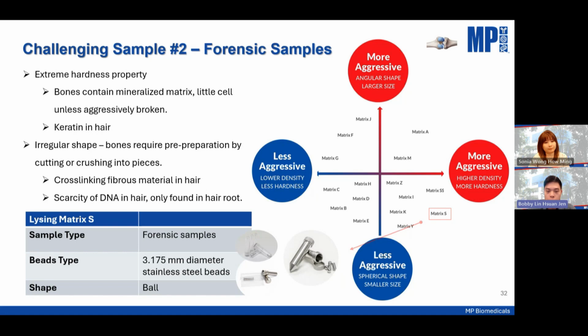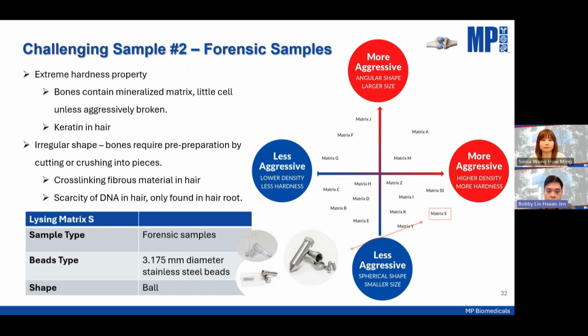So bones would require a pre-preparation, either by using the nitrogen method to freeze it and break it down into smaller pieces, then you would proceed to conduct homogenization, which adds another layer of difficulty there. So with that being said, I think we can also address this type of challenge by utilizing the lysing matrix S, which is very suitable for forensic samples mentioned just now.